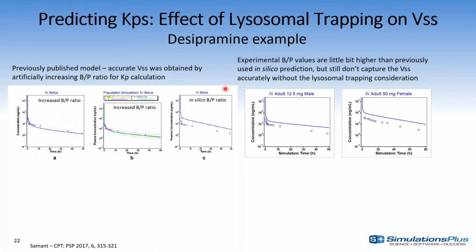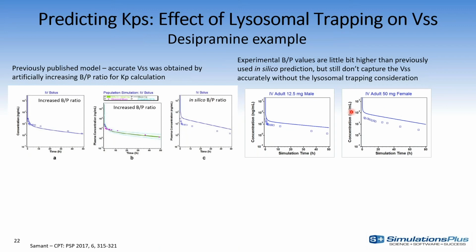Through these years, after the papers were published, there are other papers that actually have a measured blood to plasma concentration ratio. With this new measured value, the simulation is a little bit improved compared to using the in silico value for the RBP.